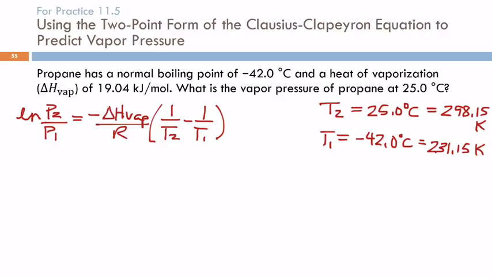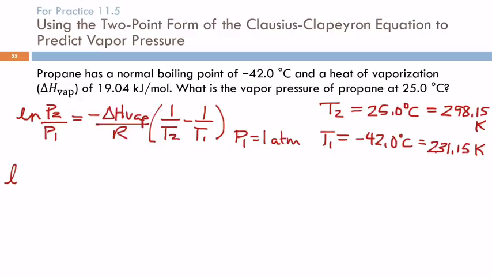So T1, P1, so P1 is 1 atmosphere. And that would be an exact number, 1 atmosphere. So we're trying to find pressure 2. Let's plug these numbers into this equation and see what we come up with.